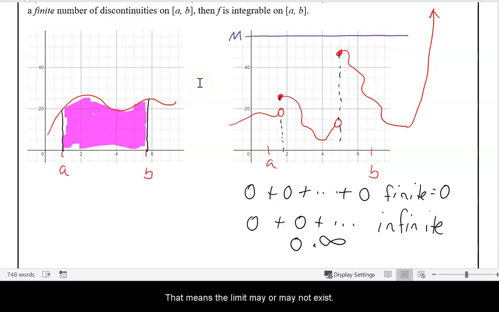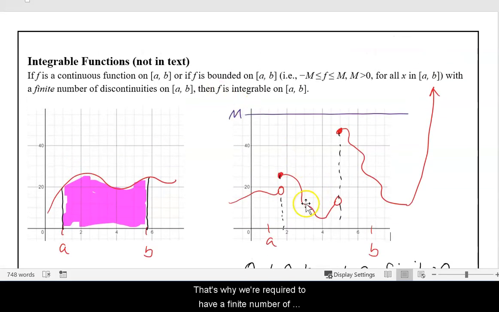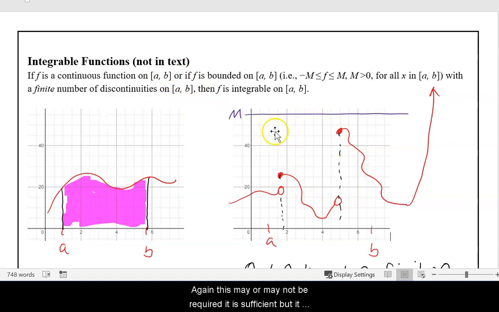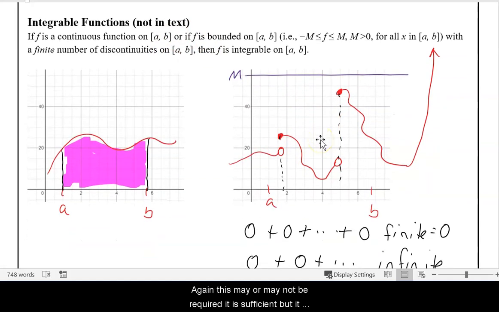That means the limit may or may not exist. That's why we're required to have a finite number of discontinuities on that closed interval. Again, this may or may not be required. It is sufficient, but it may not be necessary.